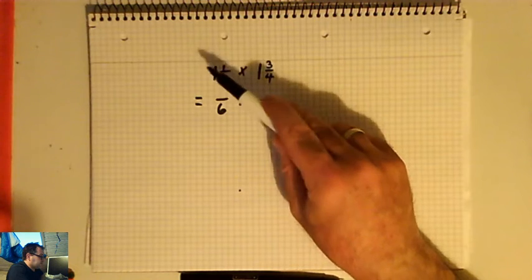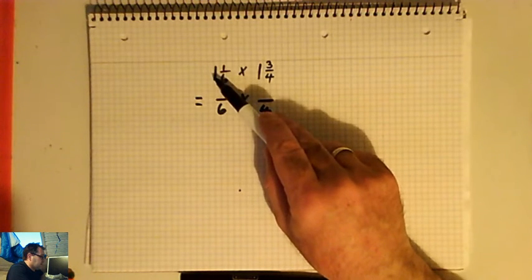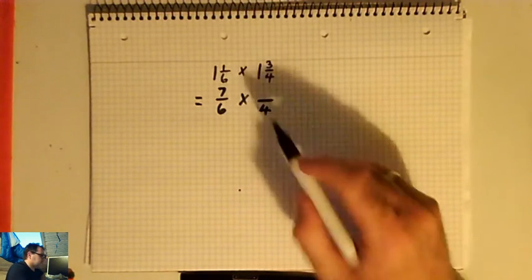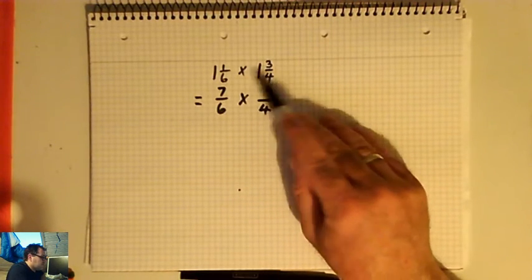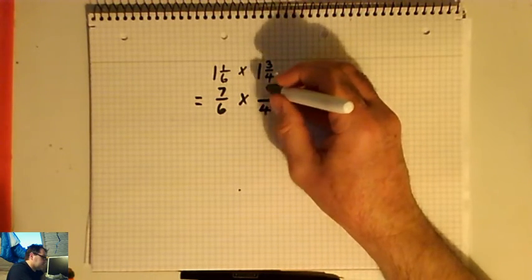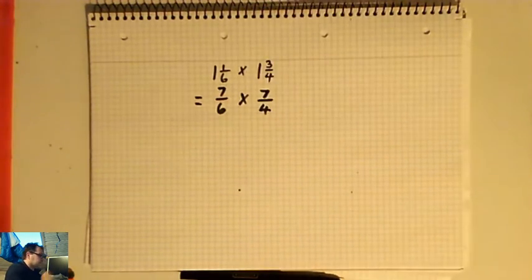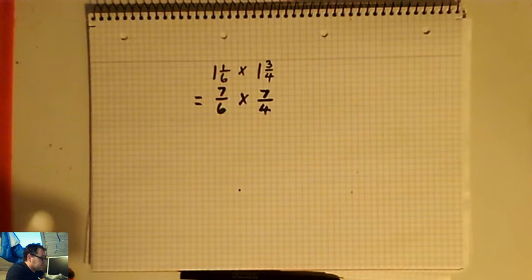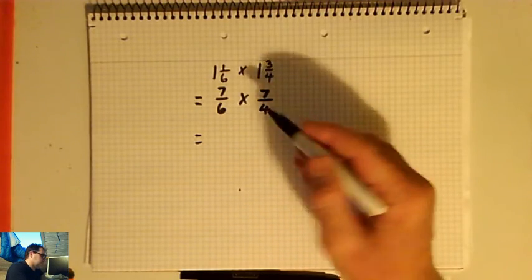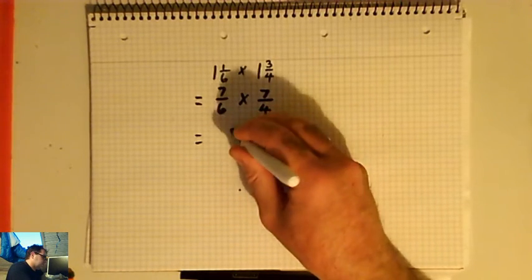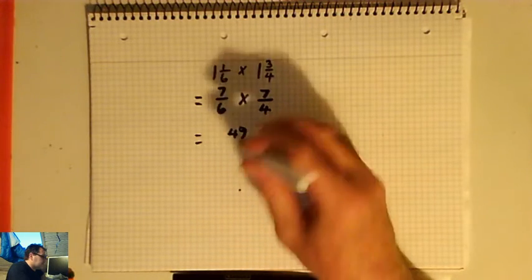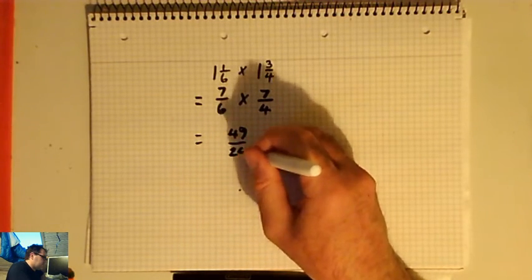So for 1 and a 6th, I go 1 times 6 is 6, plus the extra 1 makes 7, and then 1 times 4 is 4, plus the extra 3 makes 7. So I've got 7/6 times 7/4, and I just go top times top. 7 times 7 is 49, and bottom times bottom, 6 times 4 is 24.